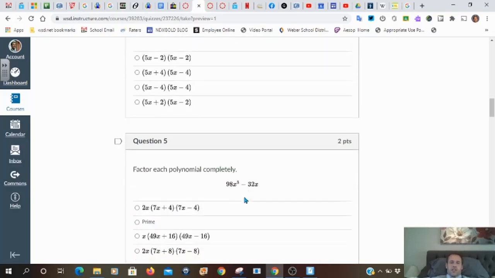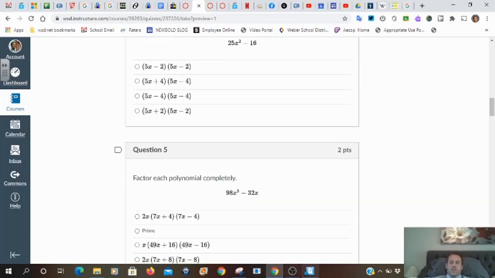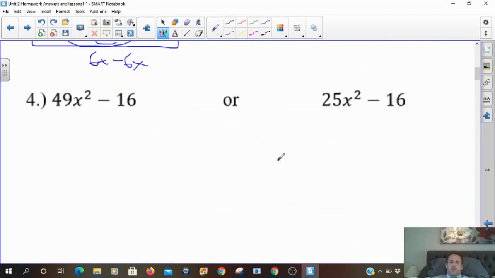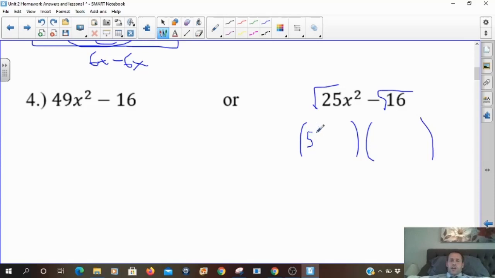Nice. You try some of these more difficult ones. So this one is just basically you have 2 of them, right? You've got a 25 and a 16. So the square root of 25 is just 5. And the square root of 16 is just 4. And so that's all you use. These are called perfect squares. This is called the difference of squares.